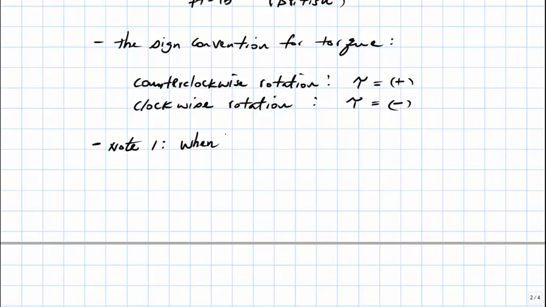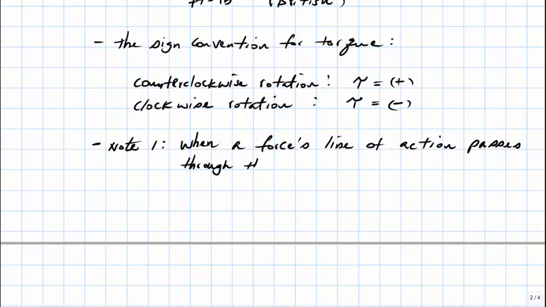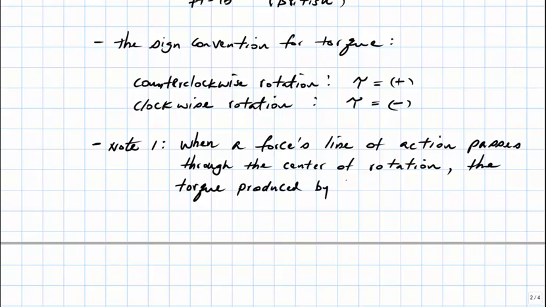When a force's line of action passes through the center of rotation, the torque produced by that force must equal 0.